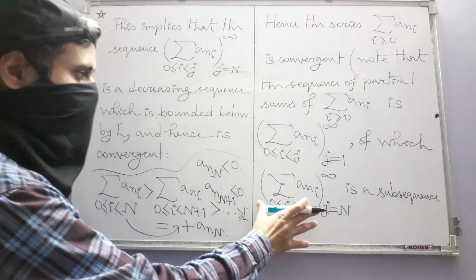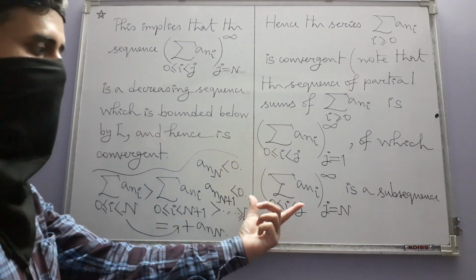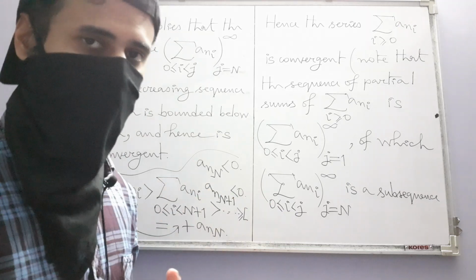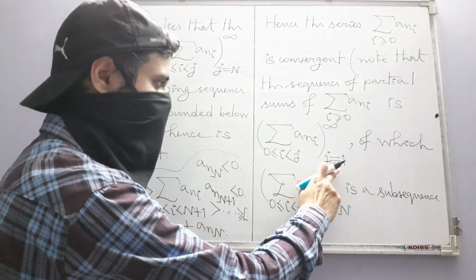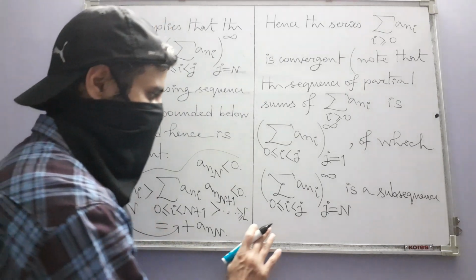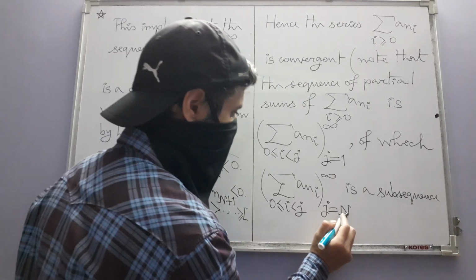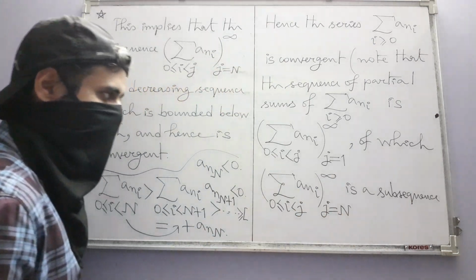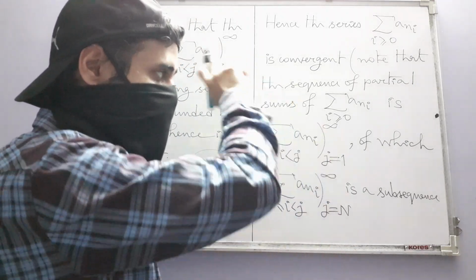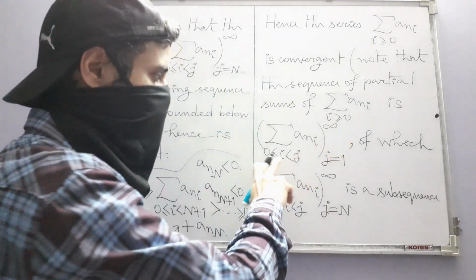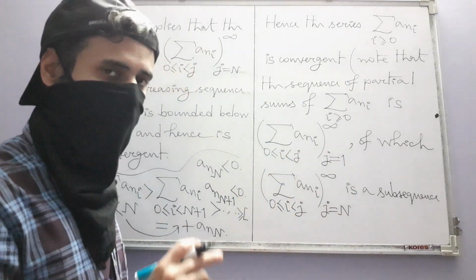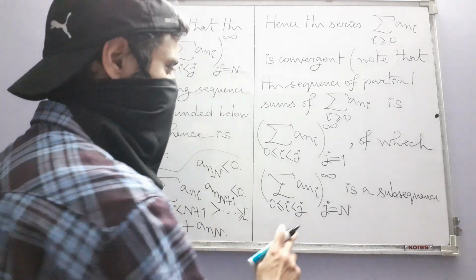And in fact, this is not just any subsequence of this, but one which differs from this only in finitely many terms, namely the terms starting from 1 to capital N minus 1. And in order to make everything absolutely rigorous, you can in fact consider this capital N to be not 0. This capital N comes from that part before because of our supposition, so it can of course be considered to be a positive natural number.